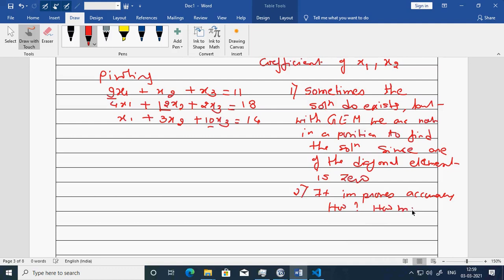If you are trying to find out how much is the improvement, this is also unknown. But there will be improvement, but how much? Every time that will be different.